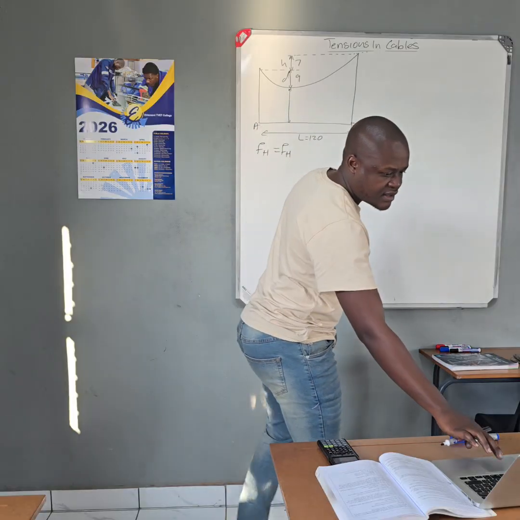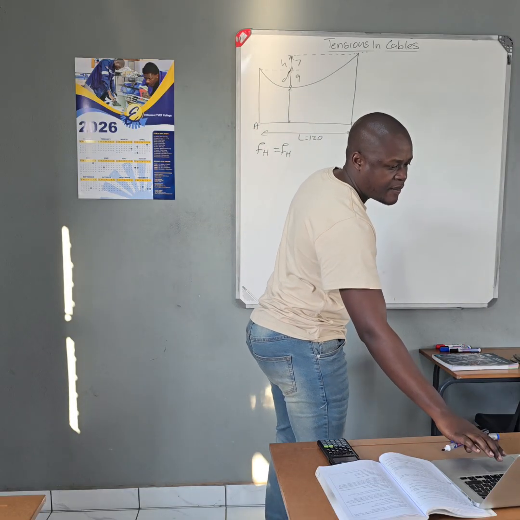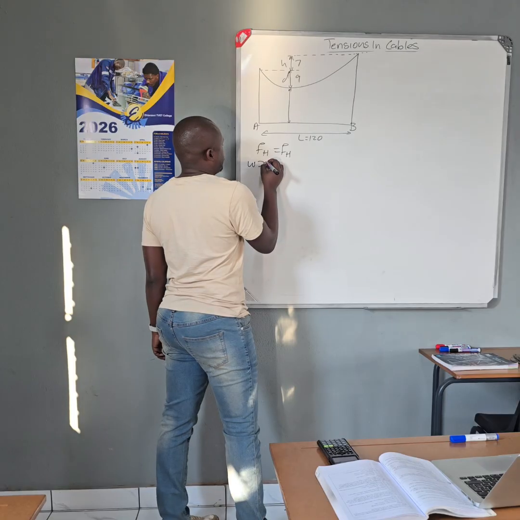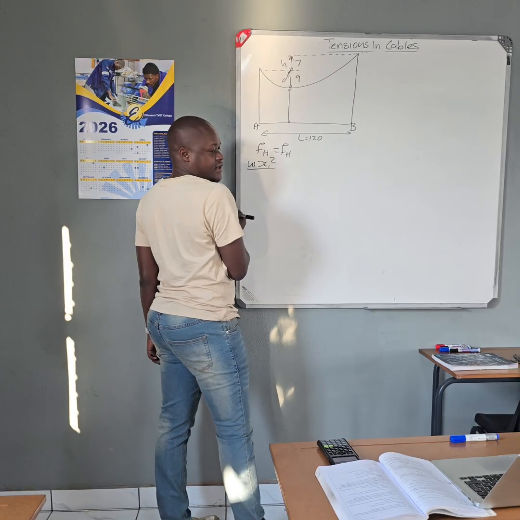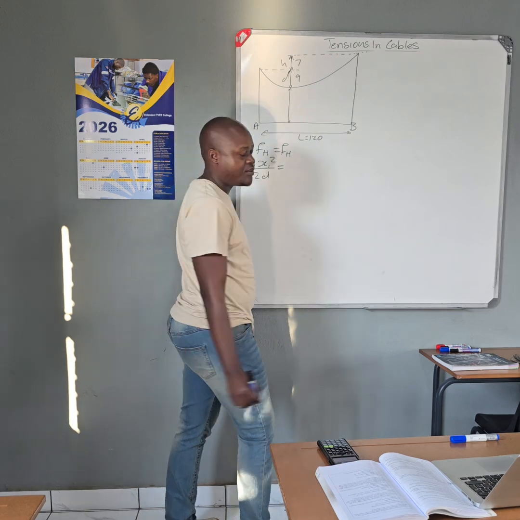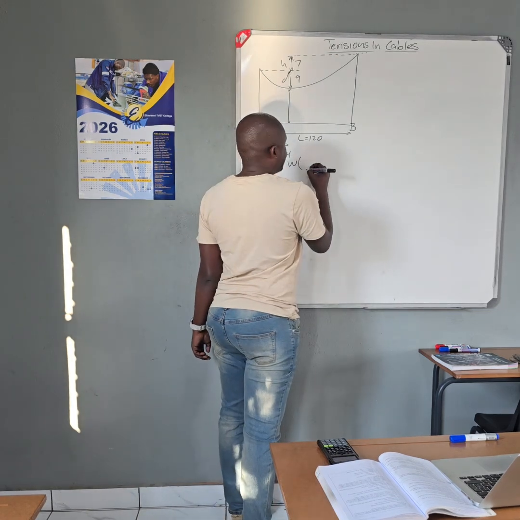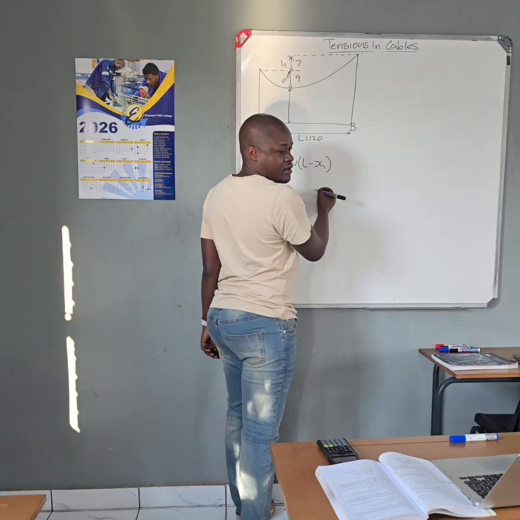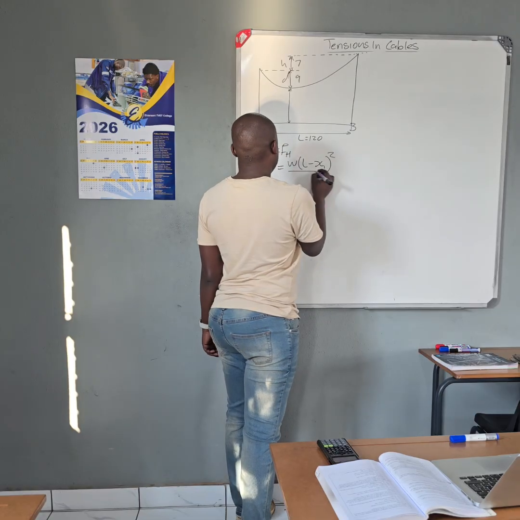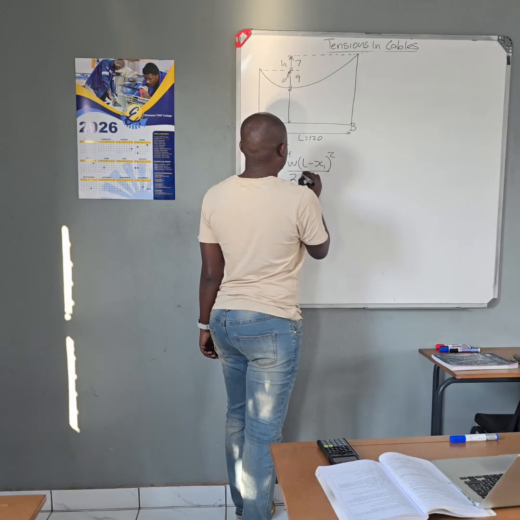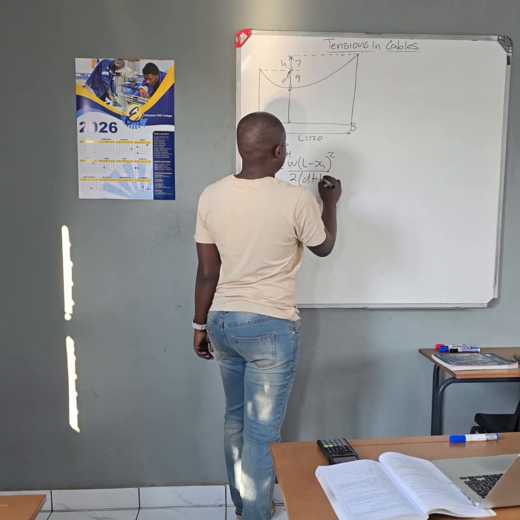And then this is now going to be equal to w x1 squared, all this divided by 2b, and this is going to be equal to w into (L minus x1) all this squared divided by 2 into (d plus h).